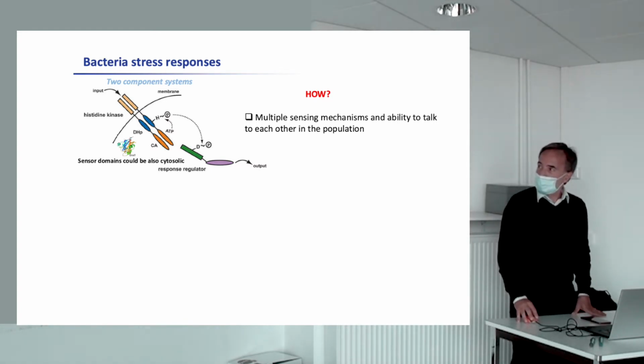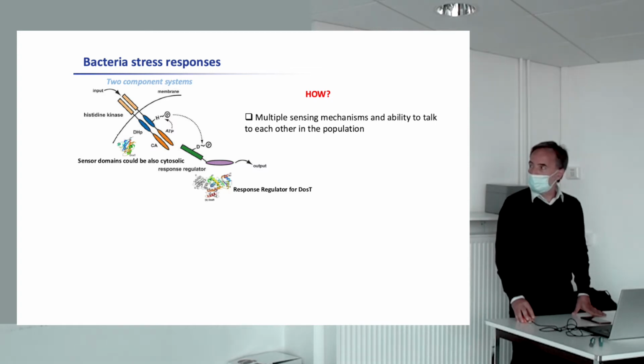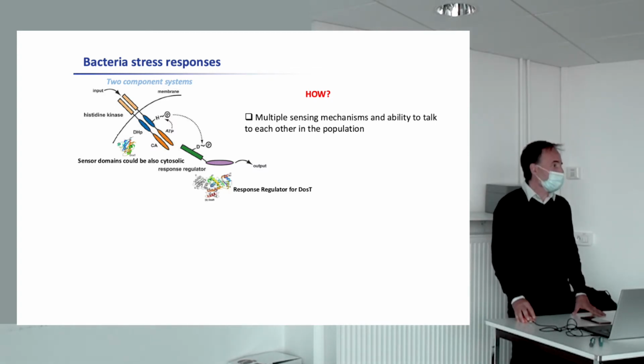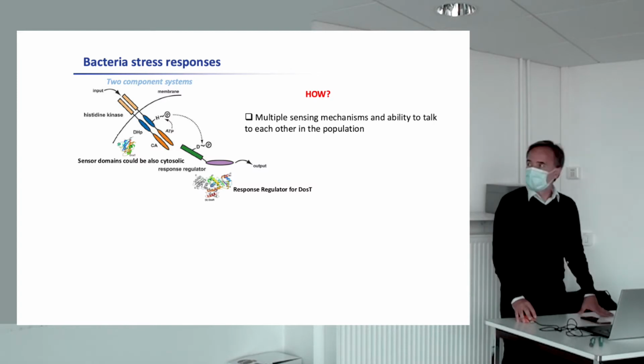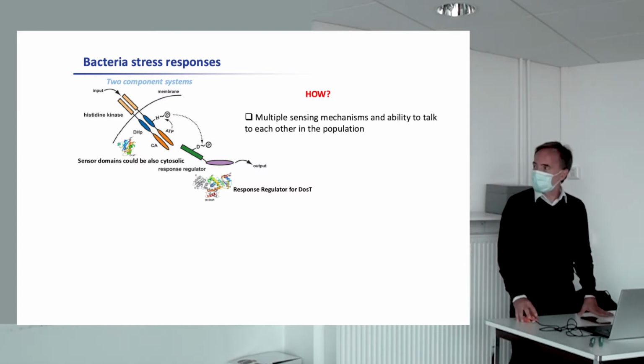And it is transferring the stress signal to a response regulator that is DosR. And we are going to see how RNA modification has an impact on this signal, and especially on the production of this DosR response regulator.